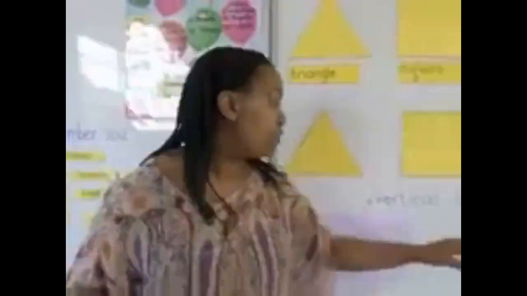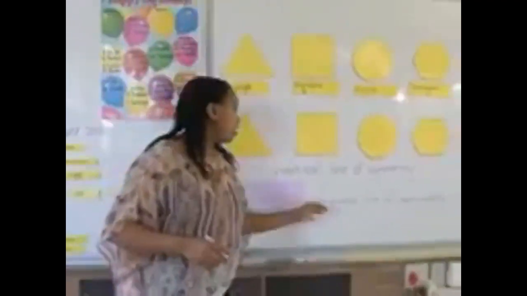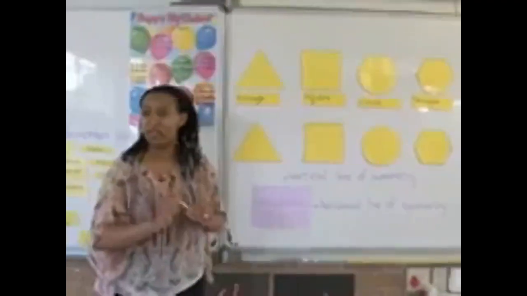Right, and what do we call this line that is drawn from left to right? Horizontal. A rectangle has 2 lines of symmetry. It has a vertical line of symmetry and a horizontal line of symmetry.